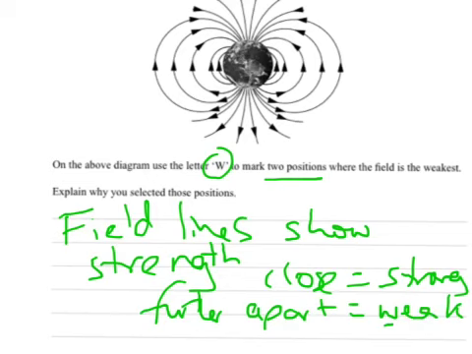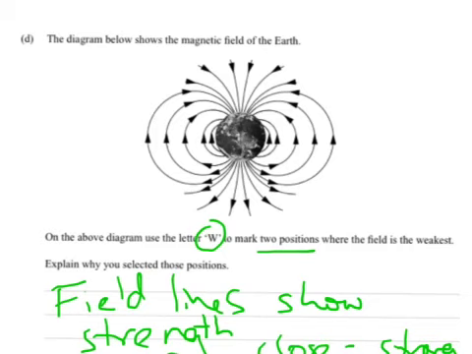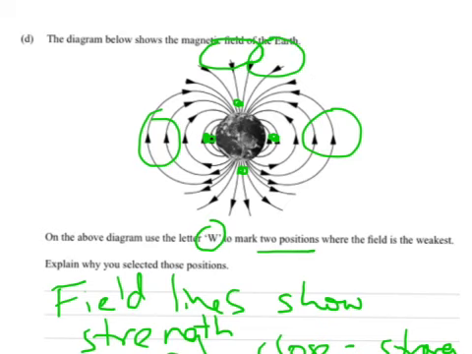So on the diagram above, we can see these areas where it's very strong, particularly around the north and the south poles. And these areas are where it is looking the most weak, maybe up a little bit up here and here as well, but those ones are a little bit far out.